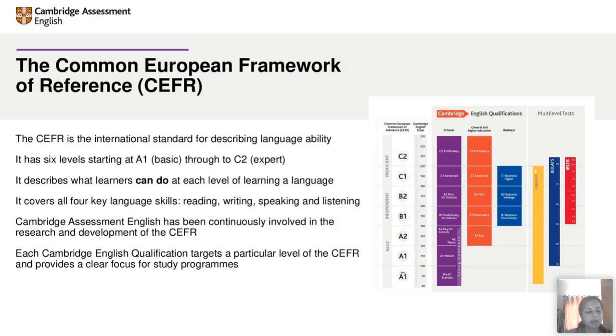Now, where do young learners come in? There are 3 levels in young learners, which we will see, some of which are pre-A1, a preparatory stage to the basic program. And as they progress, they come on to the A1 level.